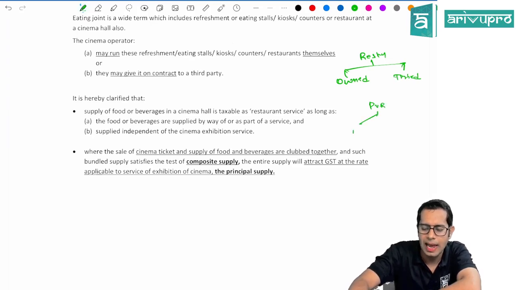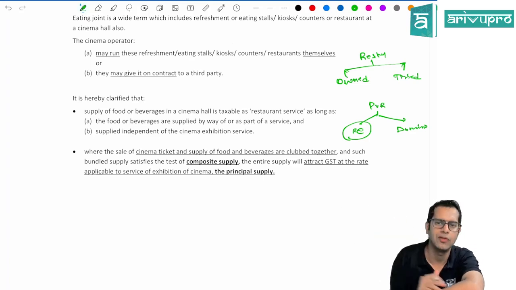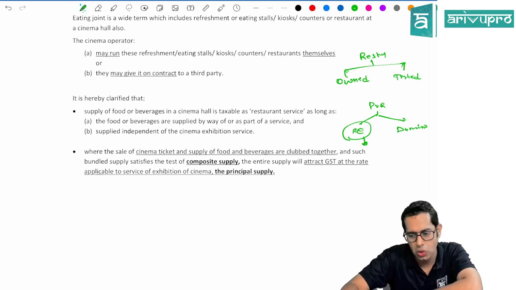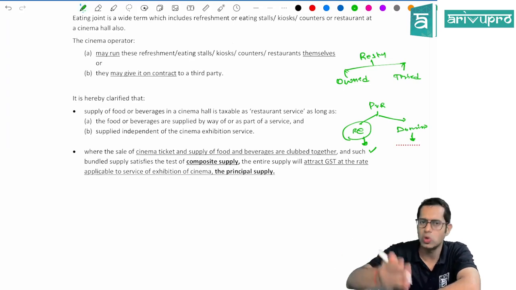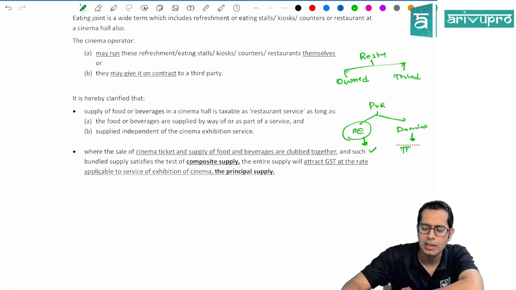So PVR may have its own restaurant from where it is supplying food, or it may have Domino's in that PVR, wherein Domino's is supplying food to me. So when PVR itself is having its own restaurant from where I'm buying popcorn, then it is owned by the cinema halls. When PVR says, okay, hey Domino's, you can have your store over here, hey McDonald's, you can have your store over here, then it is owned by whom, sir?